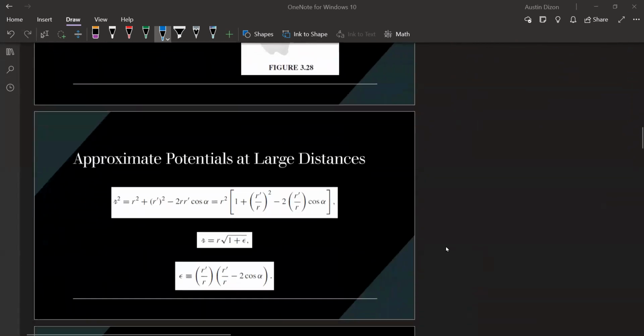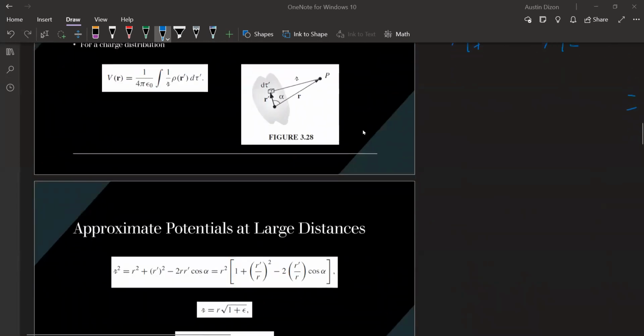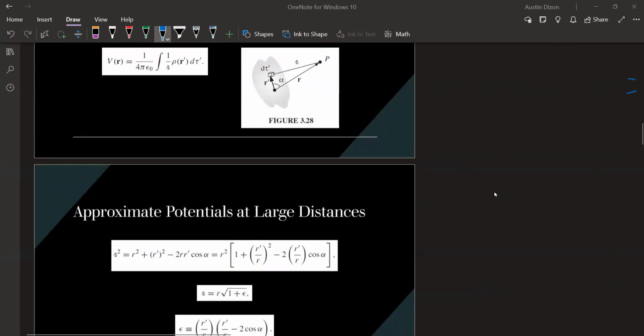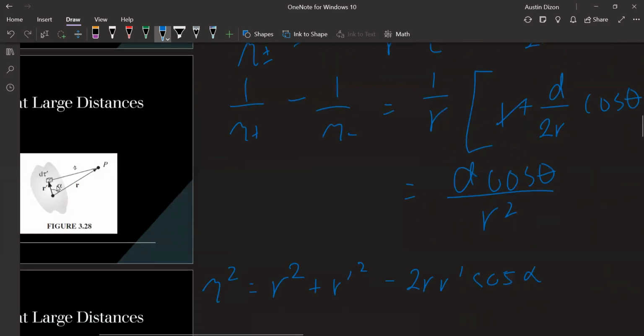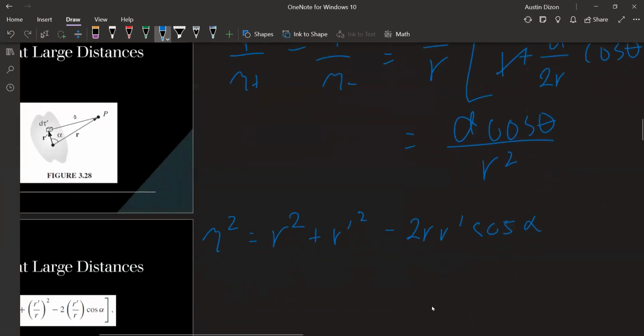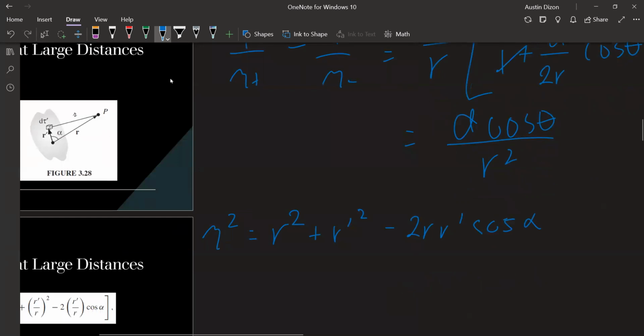So, sulat mo lang ulit kung ano yung law of cosines mo. So, gagawin mo dito, curly R squared must be equal to R squared tapos plus R prime squared tapos minus 2R prime R cos alpha kasi alpha yung angle between R prime and R that points to the curly.